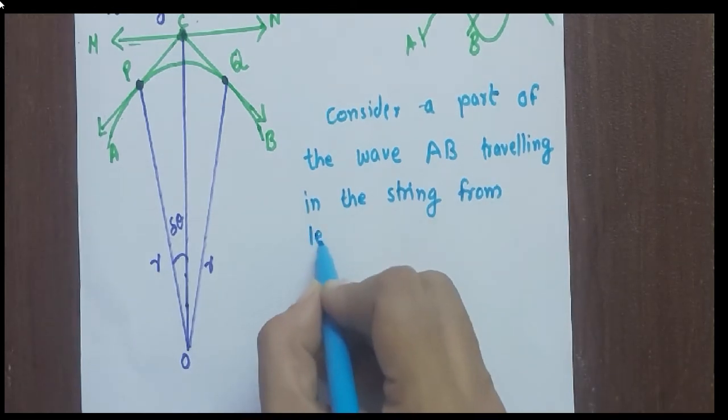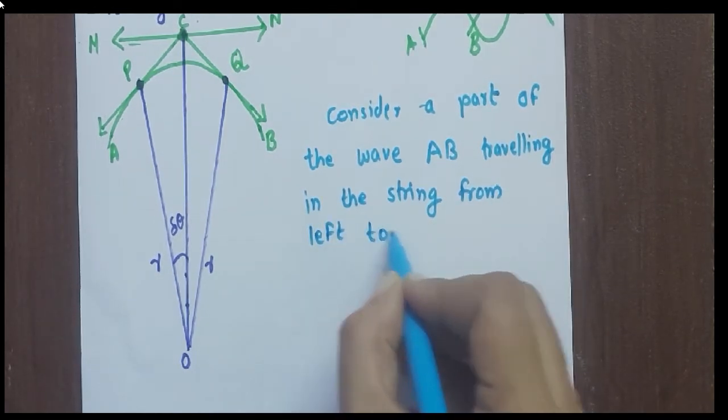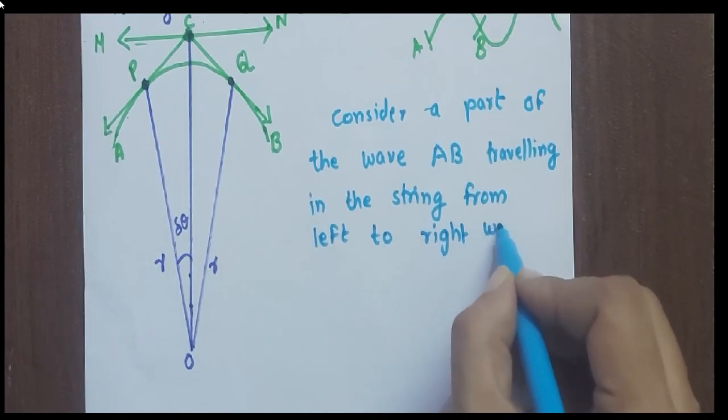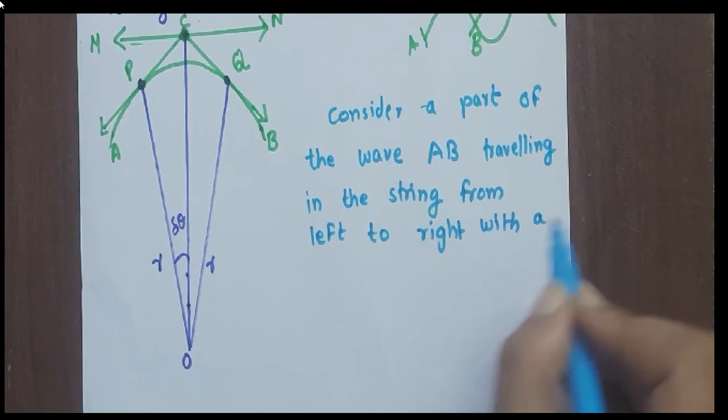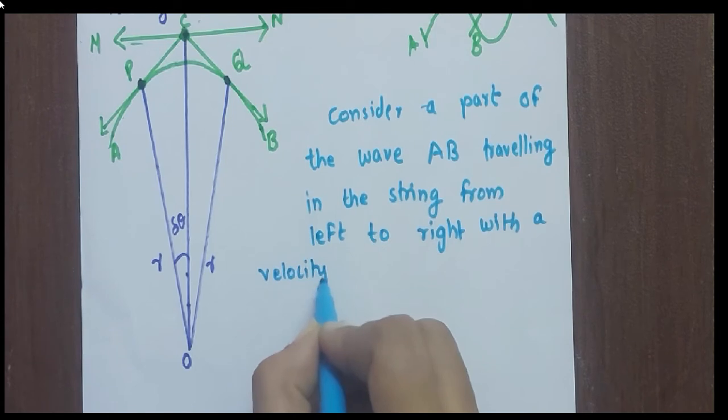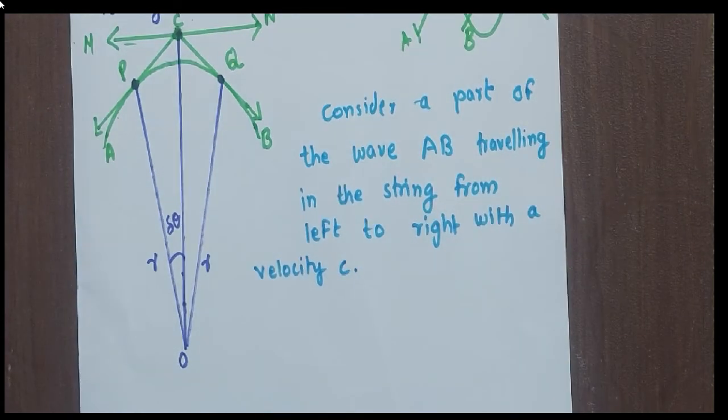The wave is moving from left to right with a velocity c. Let c be the velocity of the wave.